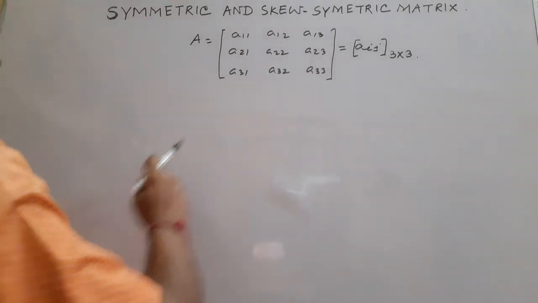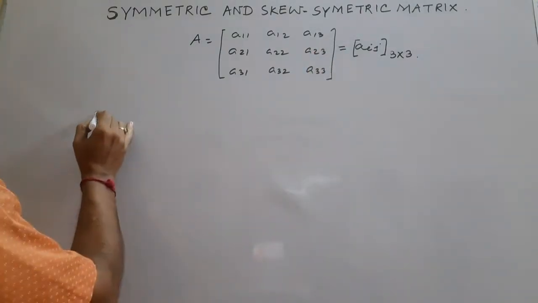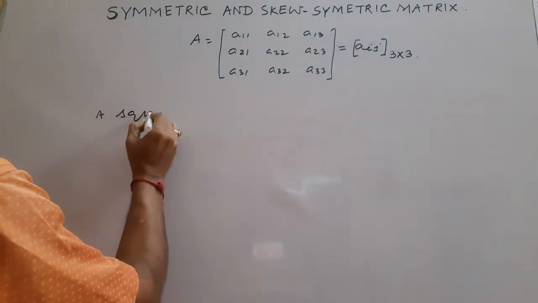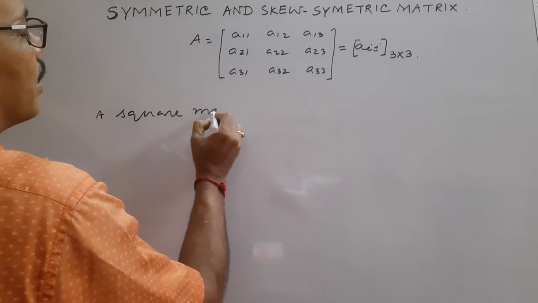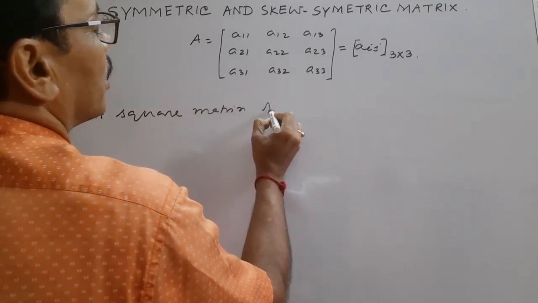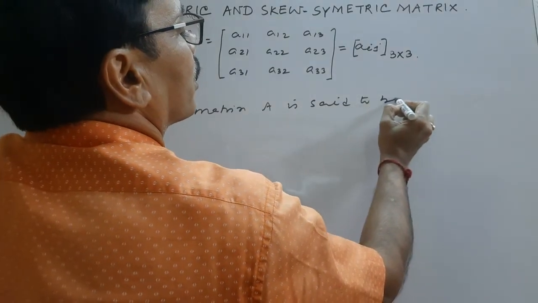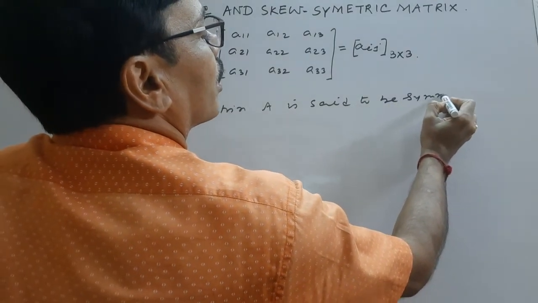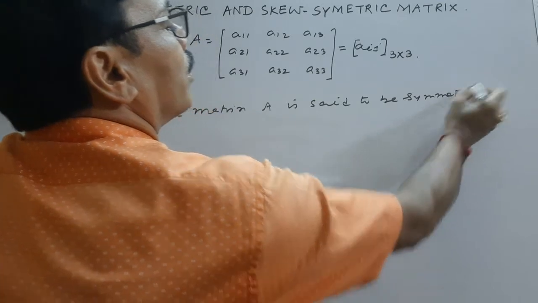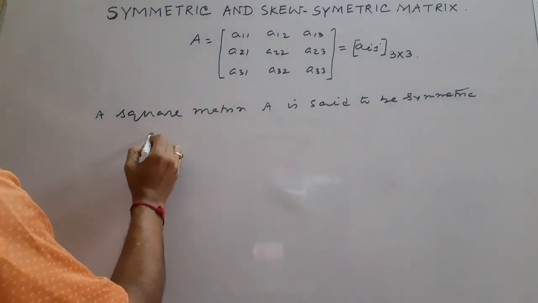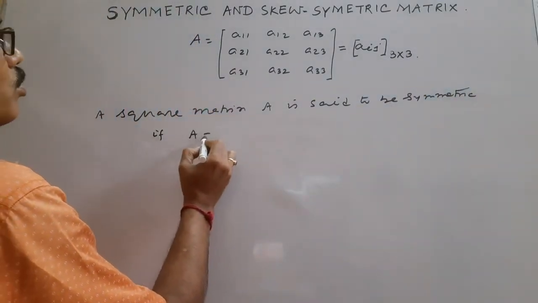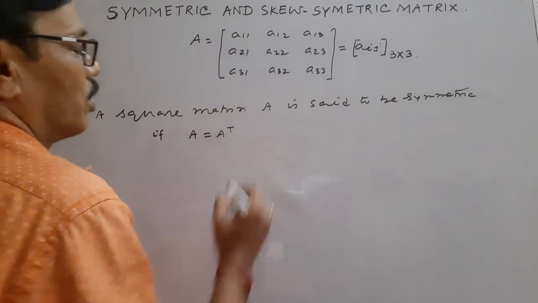So, a square matrix, capital A, is said to be symmetric, all of you know it, if A equals to A transpose.